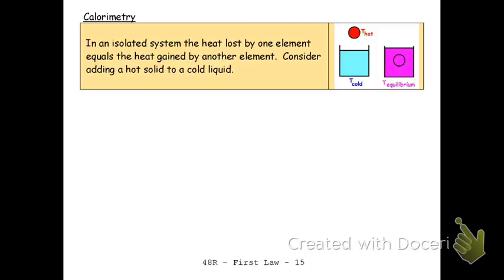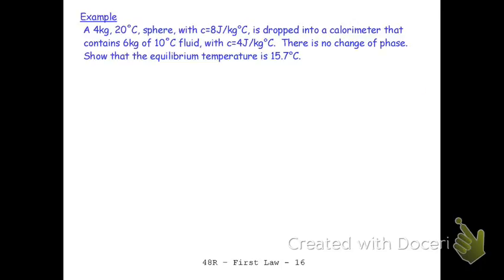So in an isolated system, the heat lost by one element equals the heat gained by the other element, and so consider a hot solid to a cold liquid and see what happens. So here's an example.